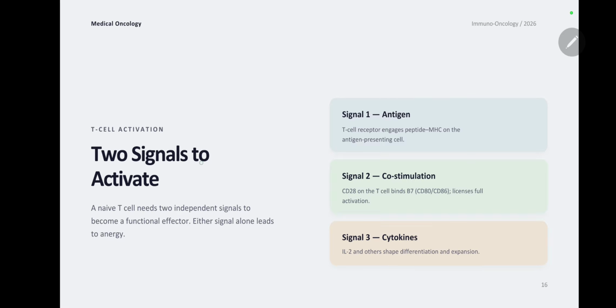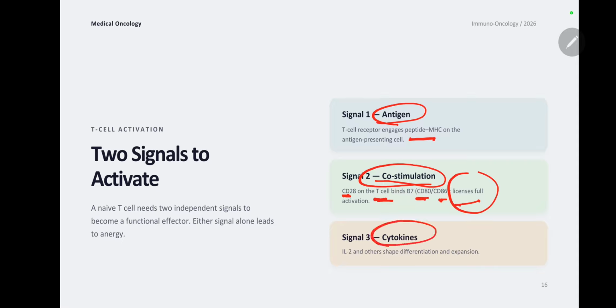So there are two signals during the activation of the T cell. First, the antigen, which is presented as an antigen peptide MHC complex to the T cell, and the T cell is activated. Second, we know about co-stimulation, in which one molecule called CD28, which is on the T cell, binds to CD80 and 86, and that is our license to full activation of the T cell.